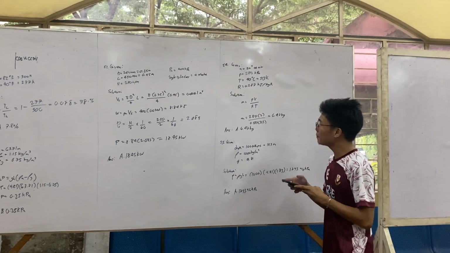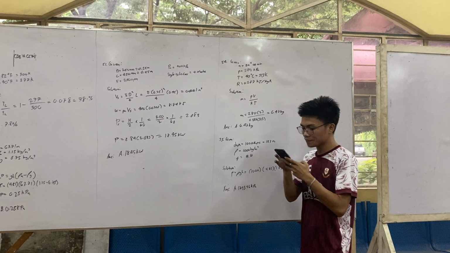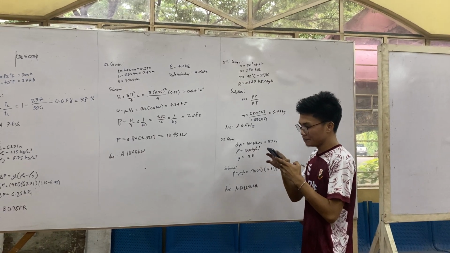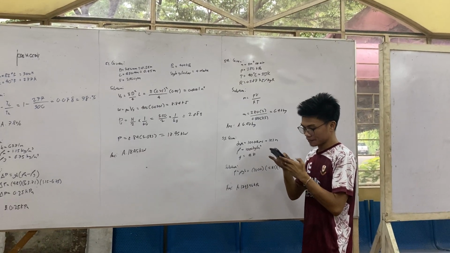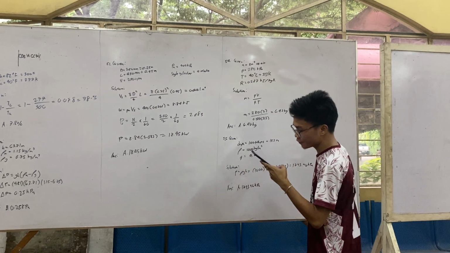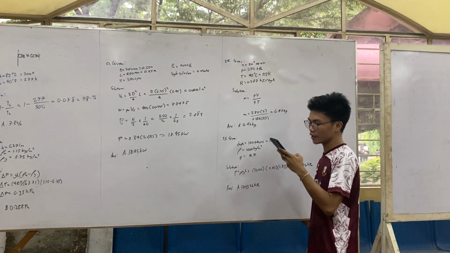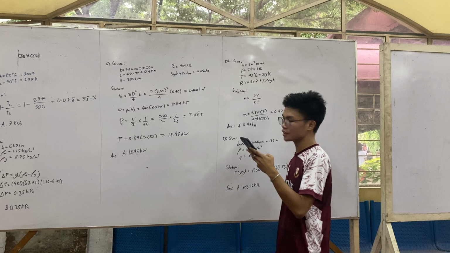So next is problem number 54. Compute the mass of 2 cubic meters of propane at 200 kPa and 40 degrees Celsius.